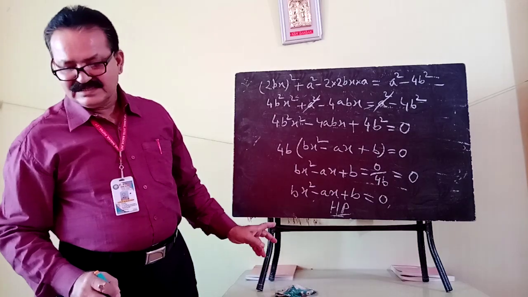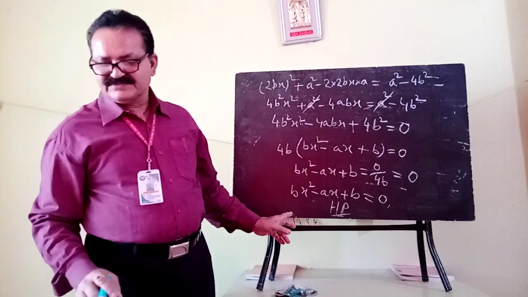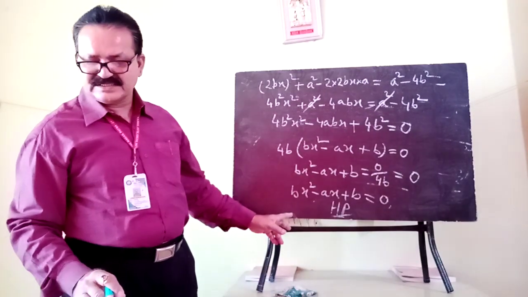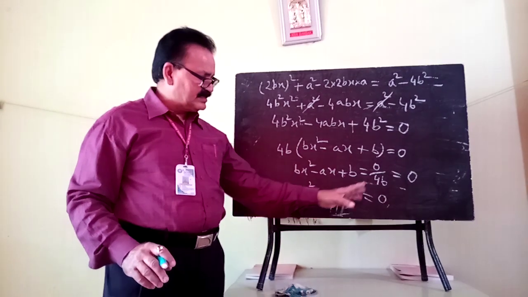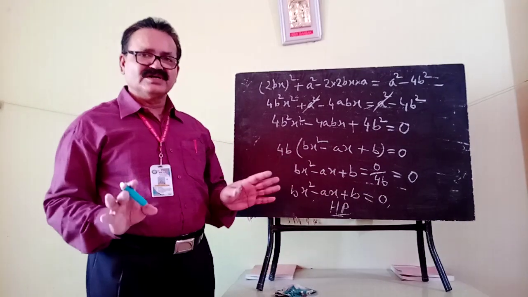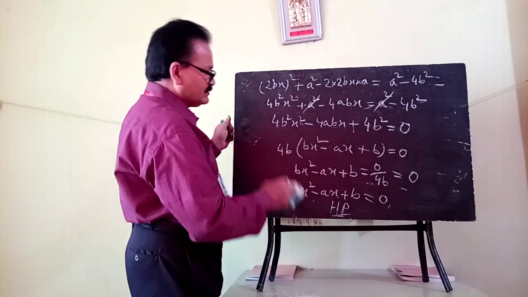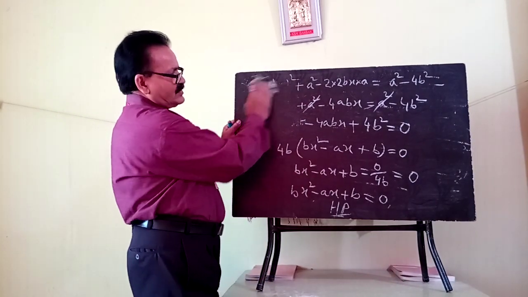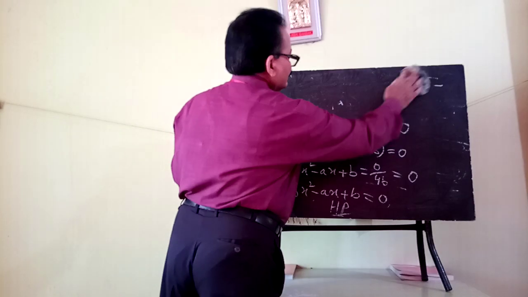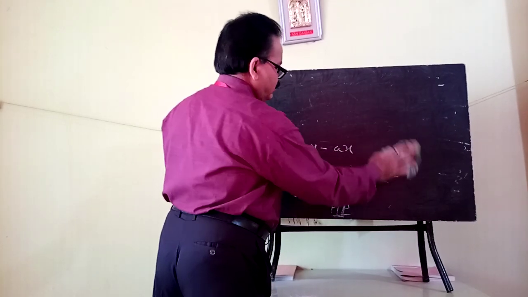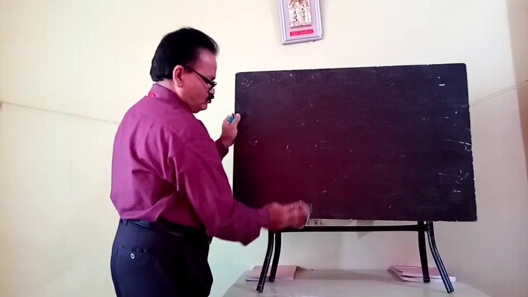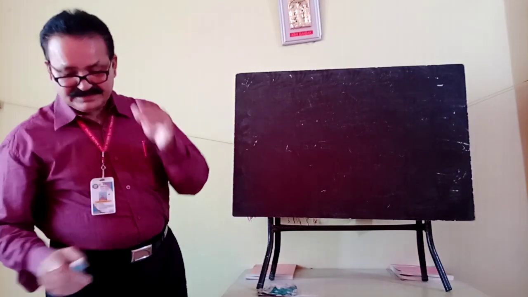This was the question for solving bx square minus ax plus b equal 0. You have got it? Okay. Should I remove it? Okay.